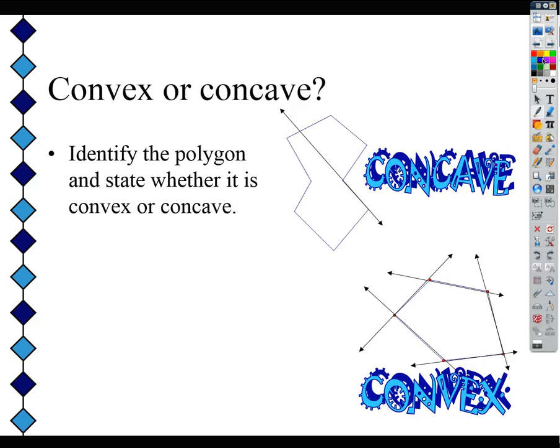A convex lens, when you turn it sideways, would have a profile like that. A concave lens, if you were to turn it sideways and cut it through the middle, would look like that. So the lens would be thicker at the edges and thinner in the middle. Does that make sense? And they have different optical properties that we'll talk about in physics someday when you take a physics class.